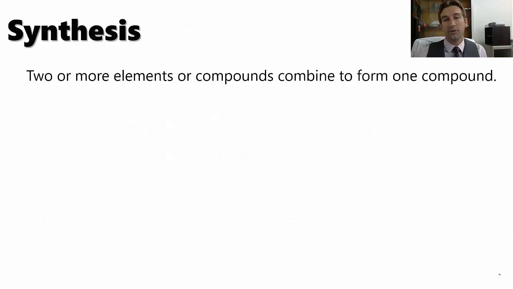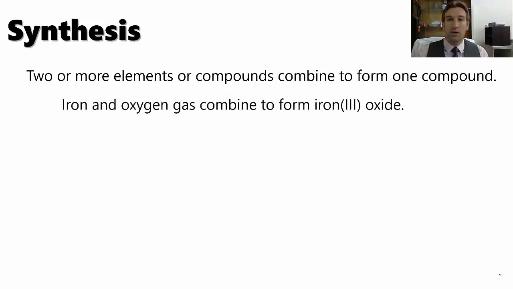Now, our first reaction type is synthesis. Synthesis occurs whenever you have two separate particles, and those particles are going to react to make one more complex thing. So here we have an example of iron with oxygen gas. They combine to form iron(III) oxide.